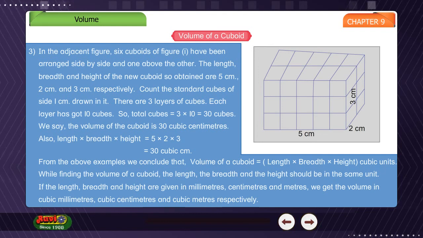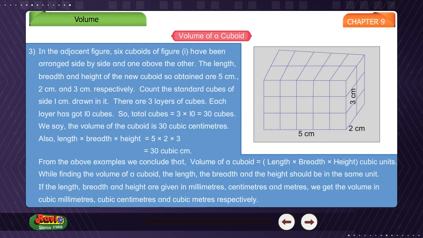Each layer has got 10 cubes. So, the total cubes is equal to 3 into 10, which is equal to 30 cubes. We say the volume of the cuboid is 30 cubic centimeters. Also, length into breadth into height is equal to 5 into 2 into 3, which is equal to 30 cubic centimeters.